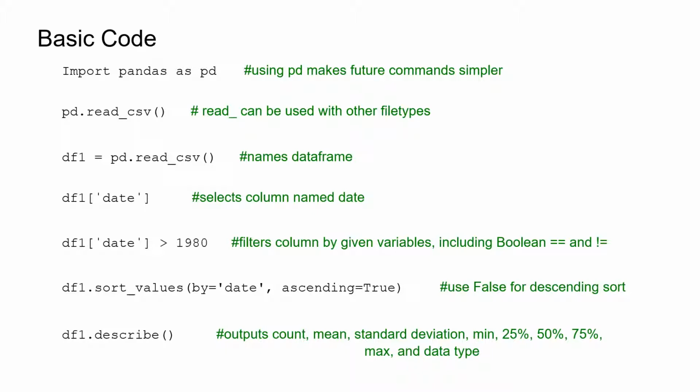And then last, you can use df1 to describe what's in the data frame. And this will output the count, mean, standard deviation, min, 25%, 50%, and 75%, as well as the max and the data type.